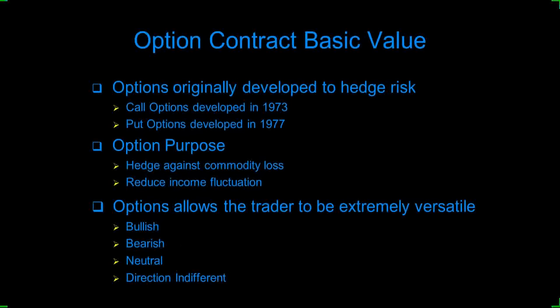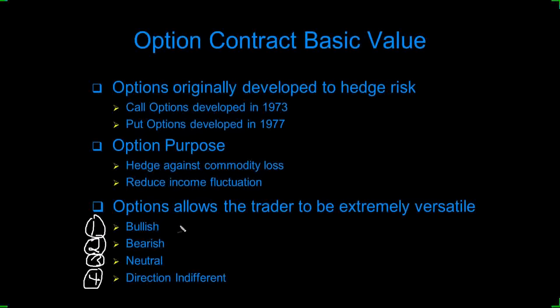Now, just as a recommendation for people getting into options, and trust me, I've been there and I've done this, the tendency is to go large too soon, too early, and you need to practice. And what I recommend, especially for the folks that I coach, is that you have a bullish strategy, a bearish strategy, a neutral strategy, and a direction indifferent strategy.